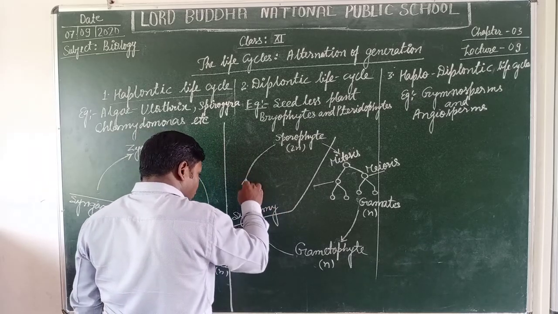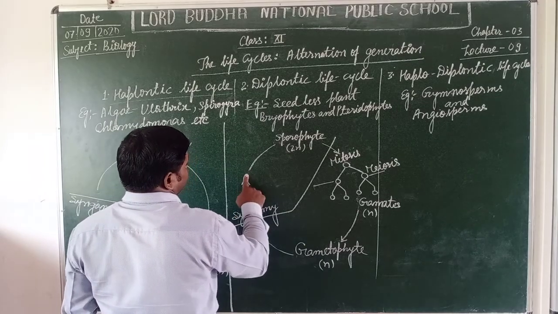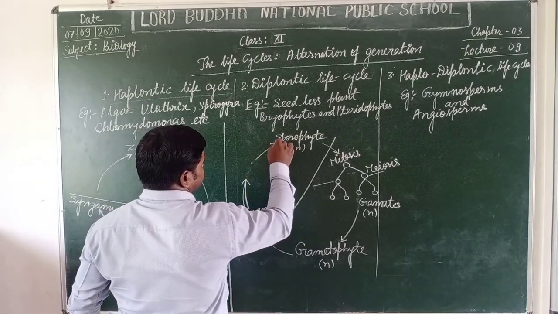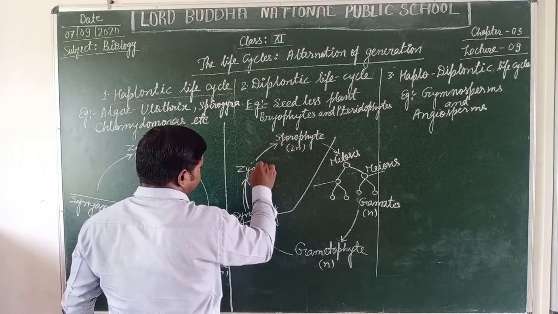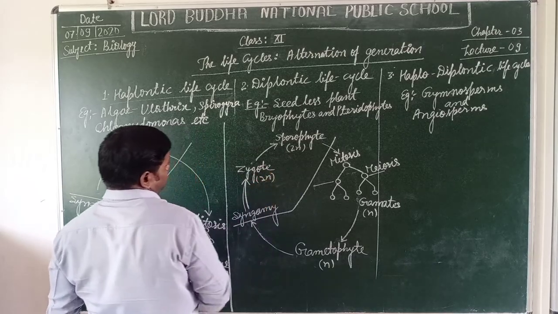And due to the syngamy process, they unite to form the zygote containing diploid number of chromosomes.